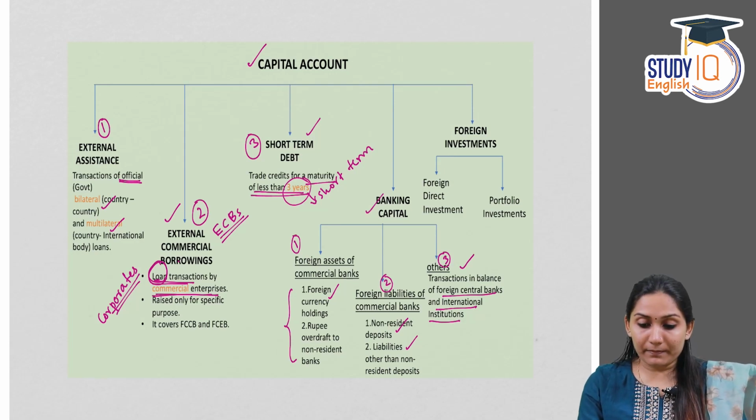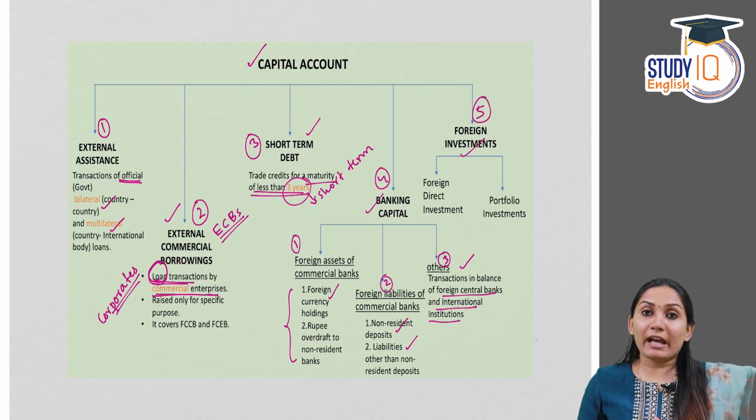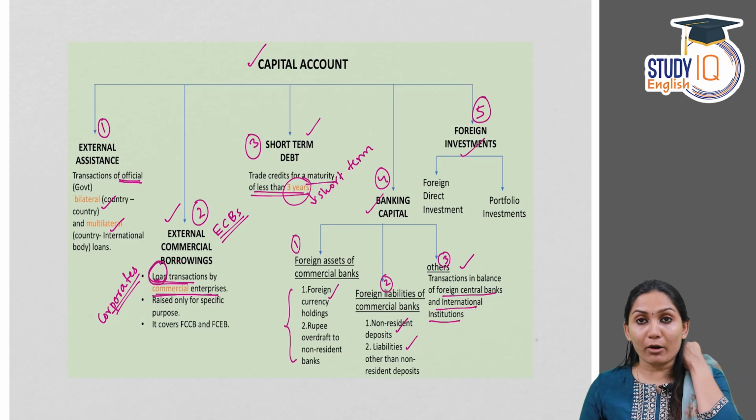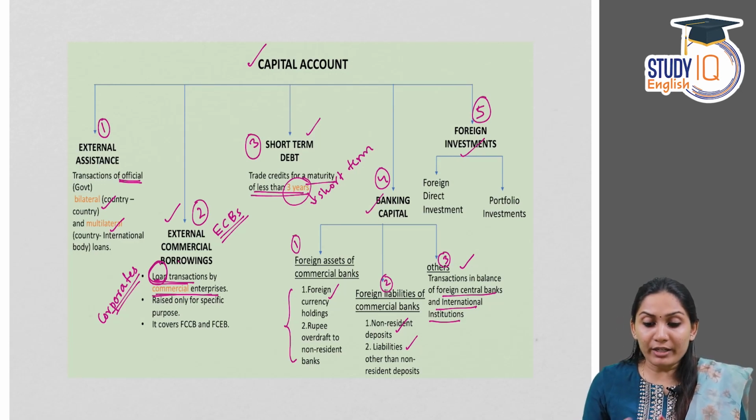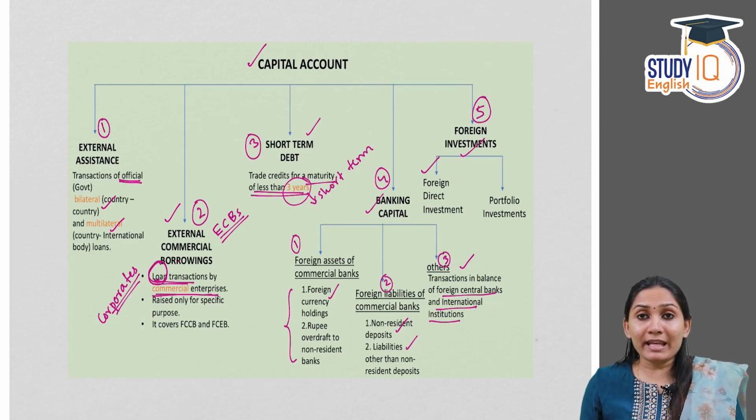Next, coming to the fifth component within the capital account, it is foreign investment, and foreign investment can be in the form of foreign direct investment and foreign portfolio investment. Foreign direct investment is when a foreign entity makes investment in India directly.